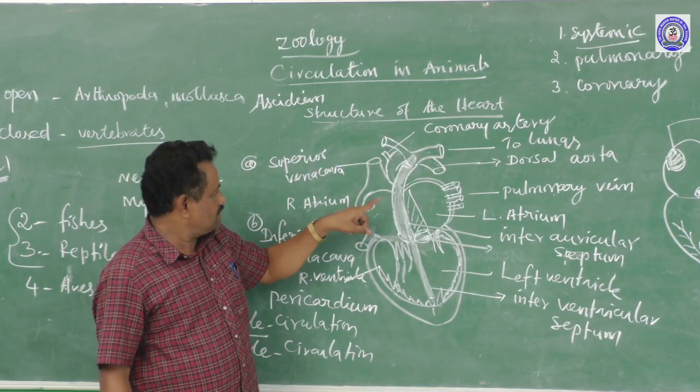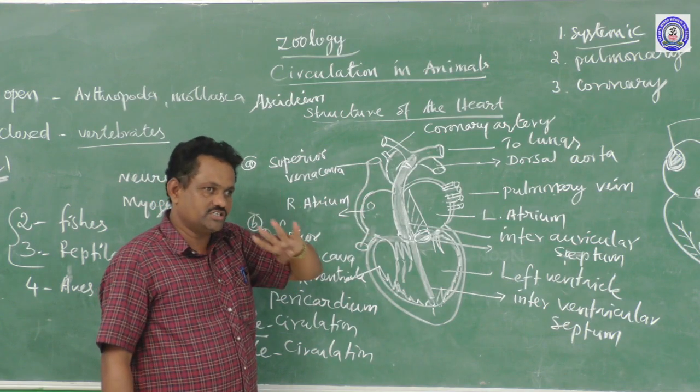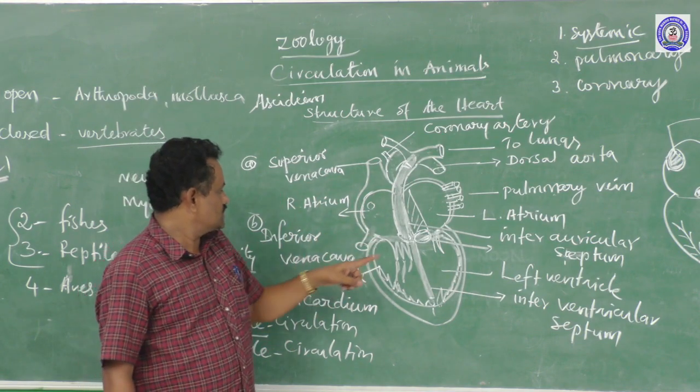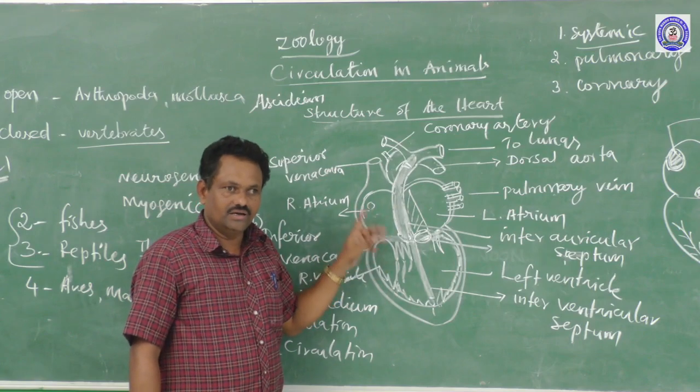So in birds and mammals, or in four-chambered heart organisms, the circulation is called double circulation.